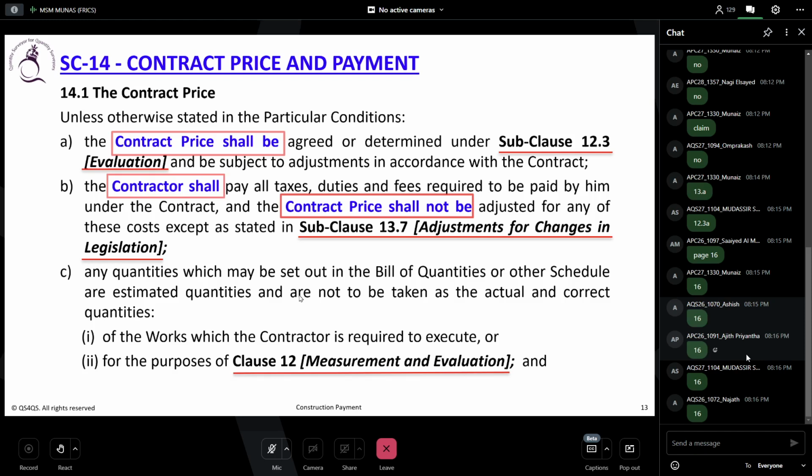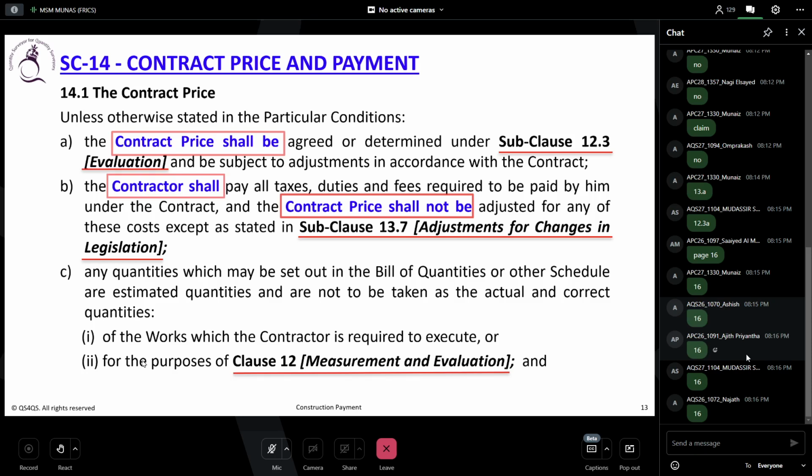Now, look at this subclause, okay. Note down here next to the 14.1c, these two points. Okay, this is a risk placed on the contractor. Note down the wording 4.11. Check 4.11. Risk placed on the contractor.